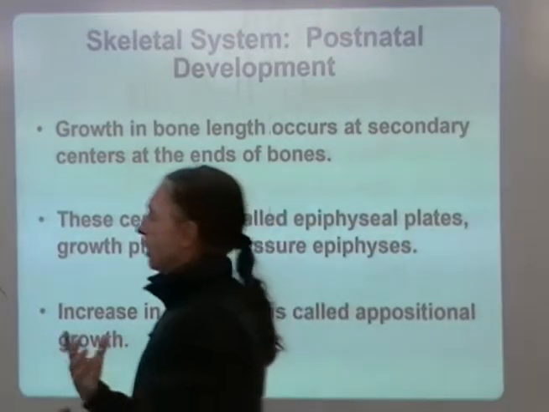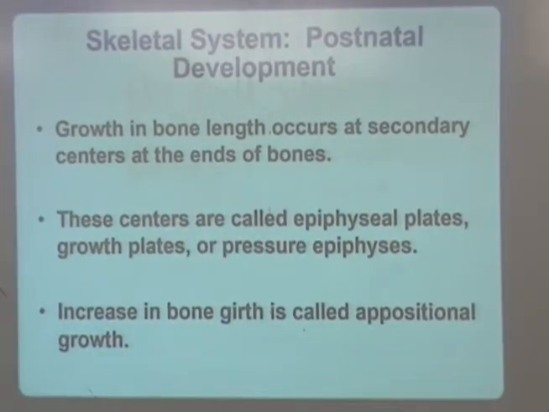Right? So I'm really bad at drawing this, but what we see is a long bone, right? And we get a line of cartilage and different tissue right here at the neck.